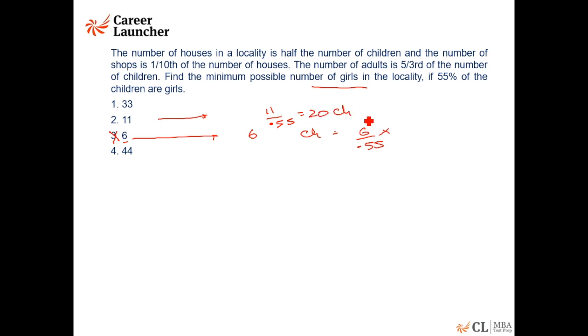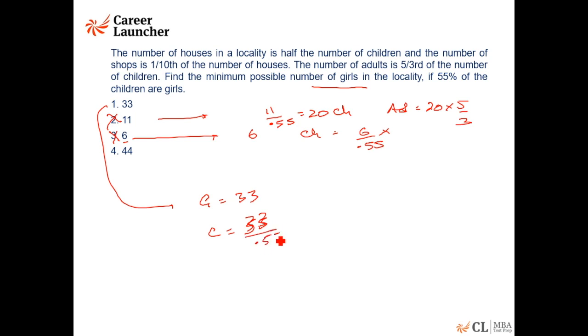So 20 children, and number of adults 20 into 5/3, incorrect because this is giving me a number which is a decimal number, not an integer. Okay, 33. If the number of girls is 33, children will be 33 upon 0.55, which will be 60.